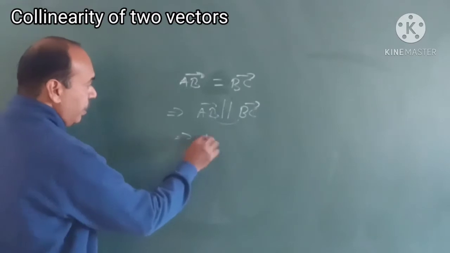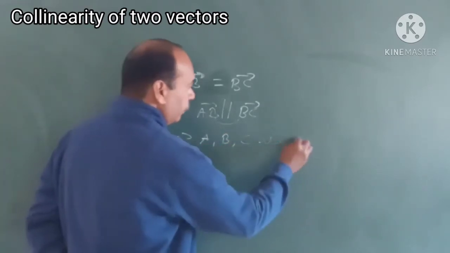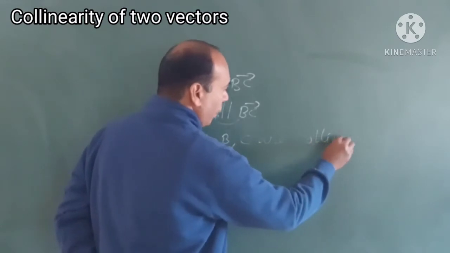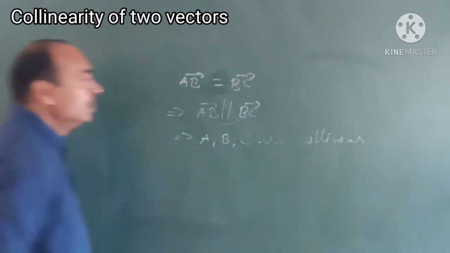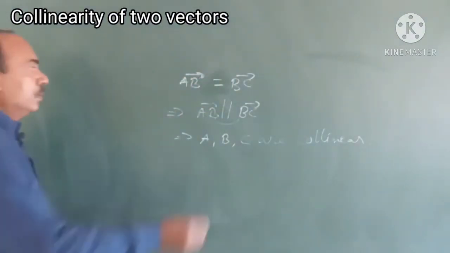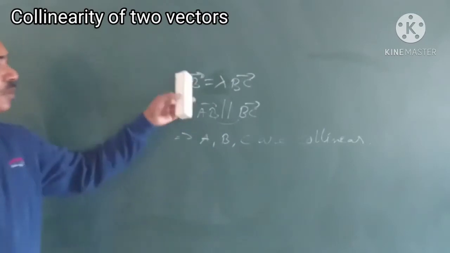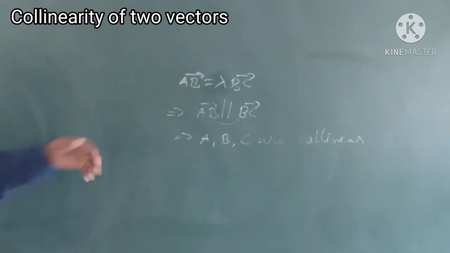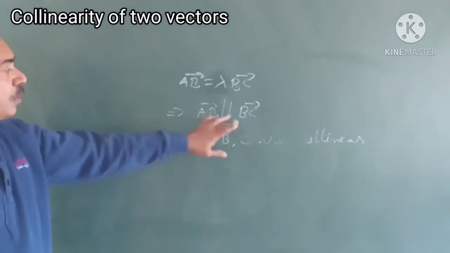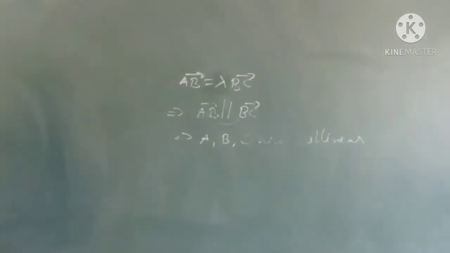So this implies that ABC are collinear. If two vectors are either equal or lambda times, suppose vector AB is equal to lambda times BC, lambda times means 2 times, 3 times, 4 times, then both are parallel, but point B is common, so ABC are collinear.